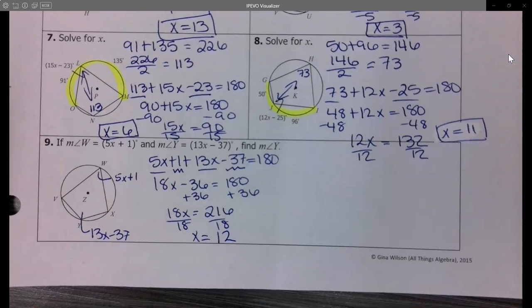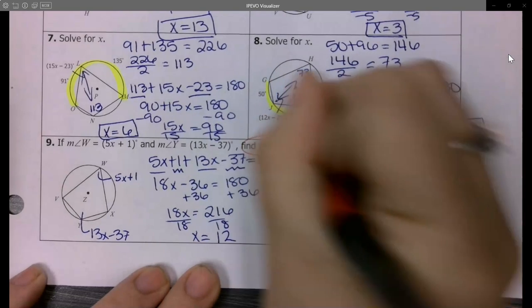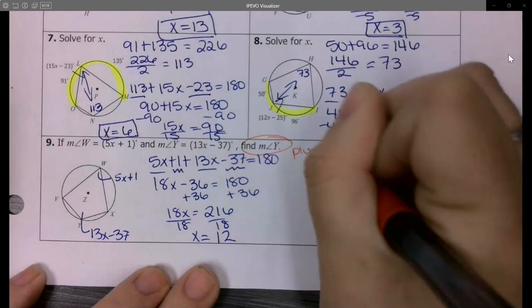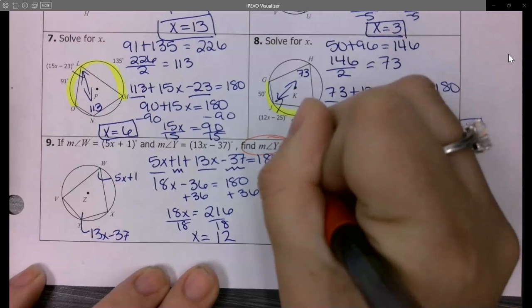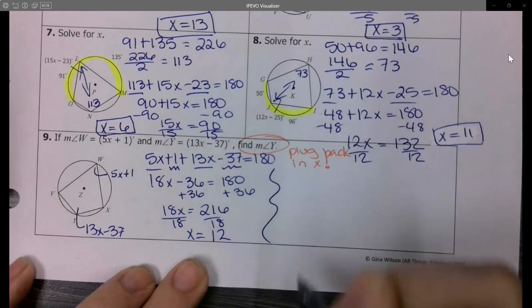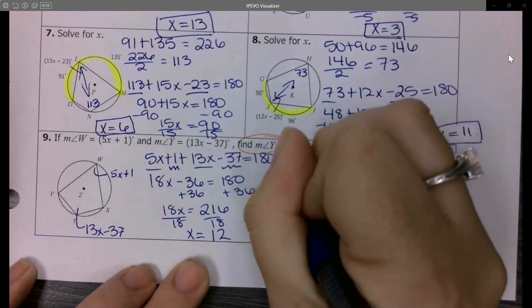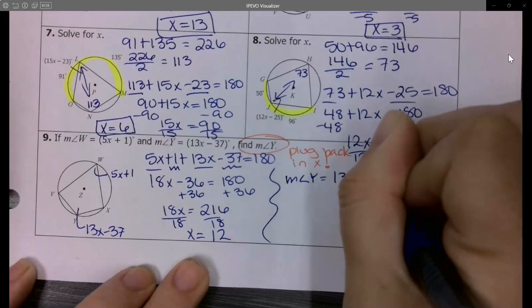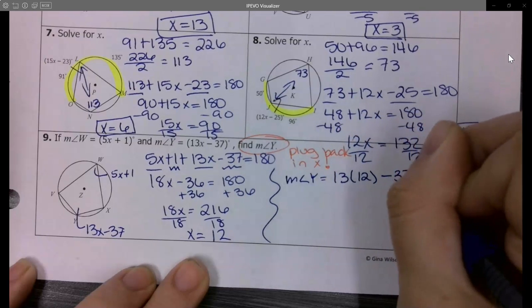This question, however, isn't asking me to find x, it's asking me to find the measure of angle y. So I want to plug back in x into the y equation. So the measure of angle y equals 13, and I'm going to multiply by 12 instead of x, minus 37.